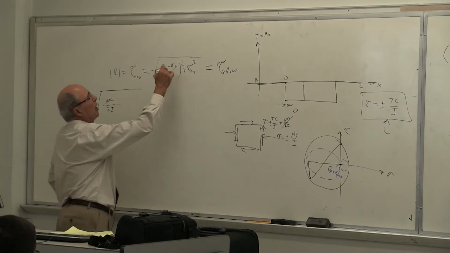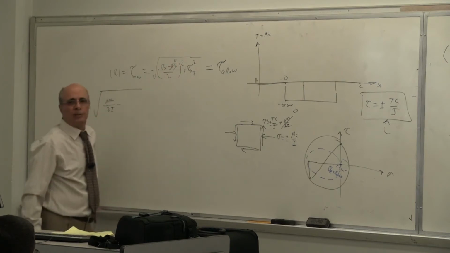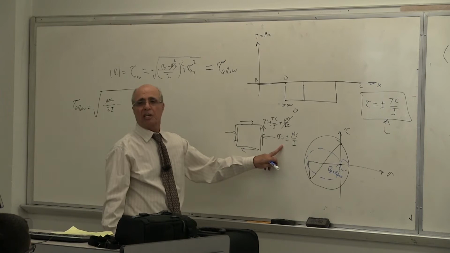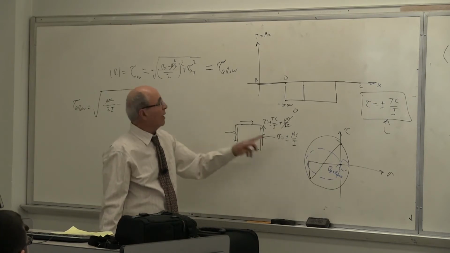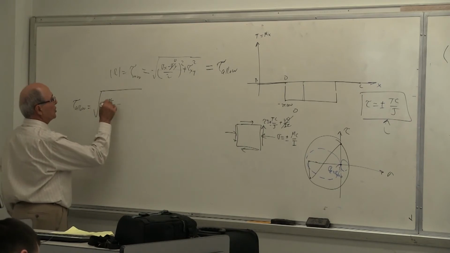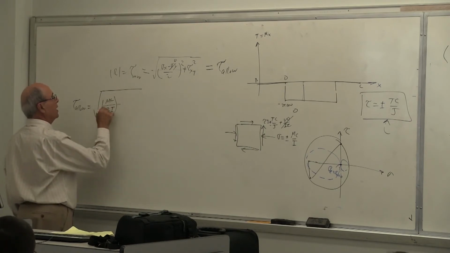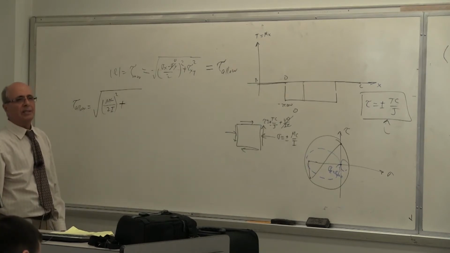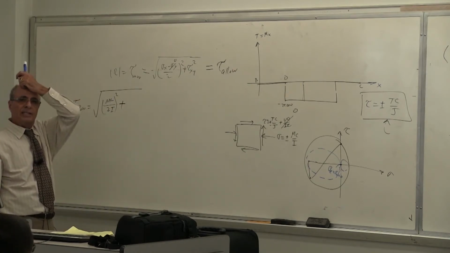What is sigma y equal to? Look, sigma y equal to 0. I have only sigma x squared, but I have to divide it by 2. So it becomes mc over 2I squared. Plus what? Plus tau squared. Tau becomes what?